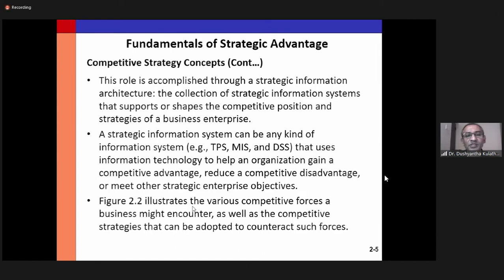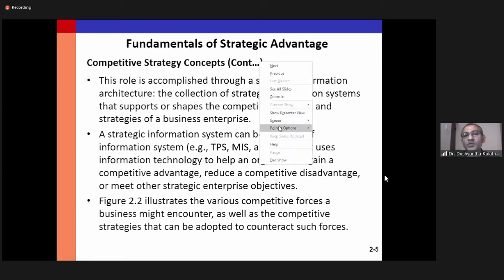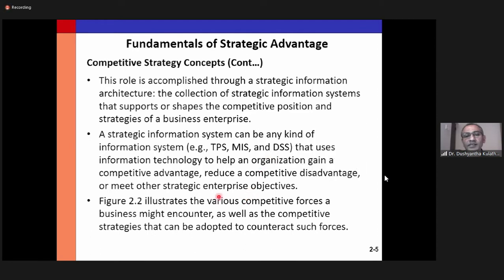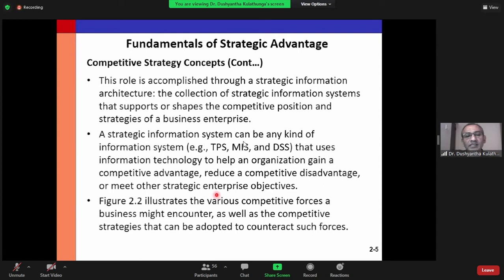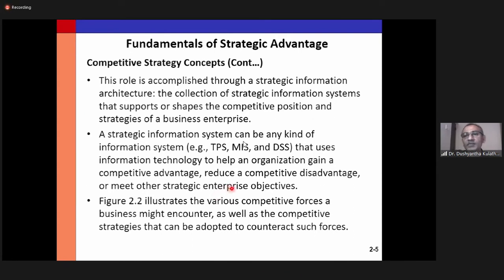Figure 2.2 illustrates the various competitive forces a business might encounter, as well as the competitive strategy that can be adopted to counteract such forces. Now here onwards we are going to look at some important aspects in relation to competition. When we talk about competition, the competitive forces and competitive strategies are very critical.